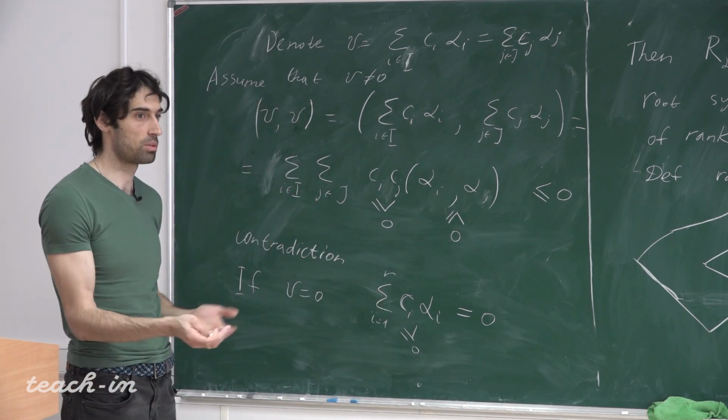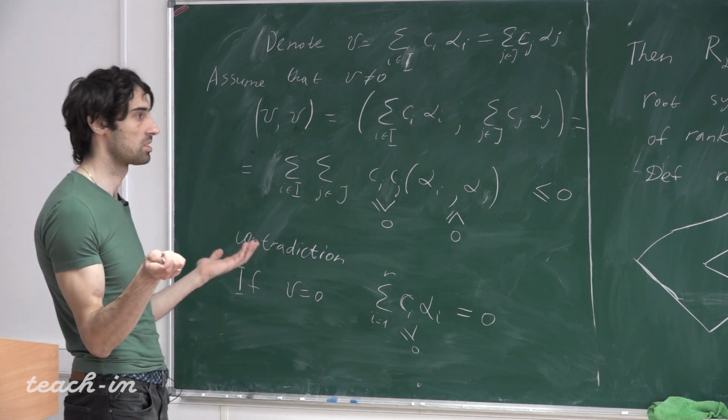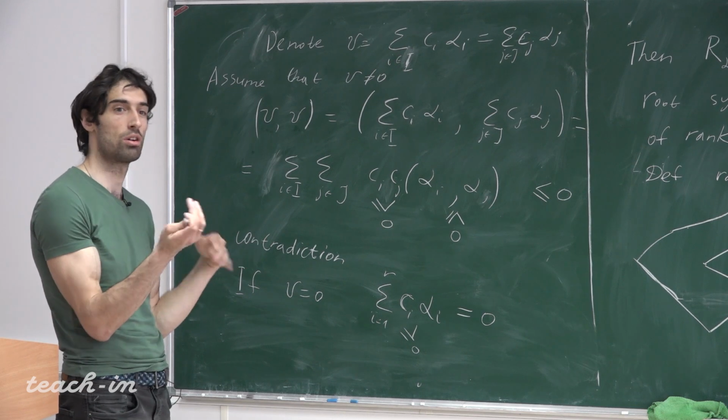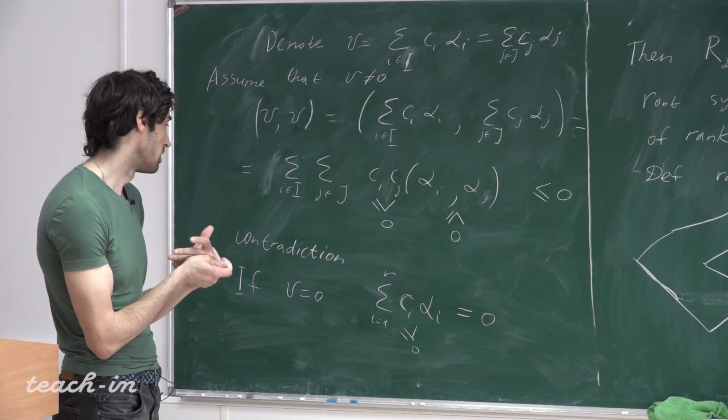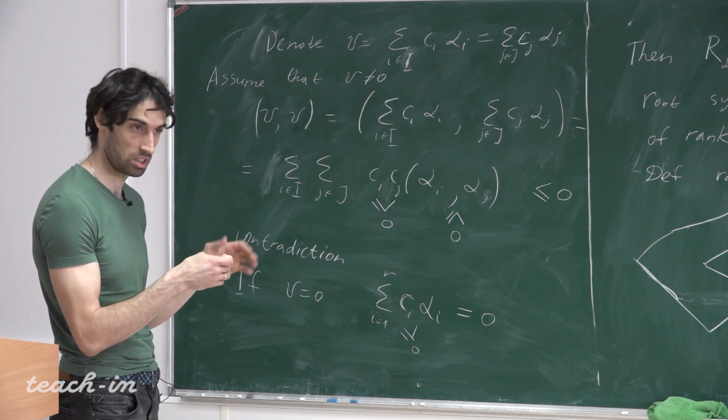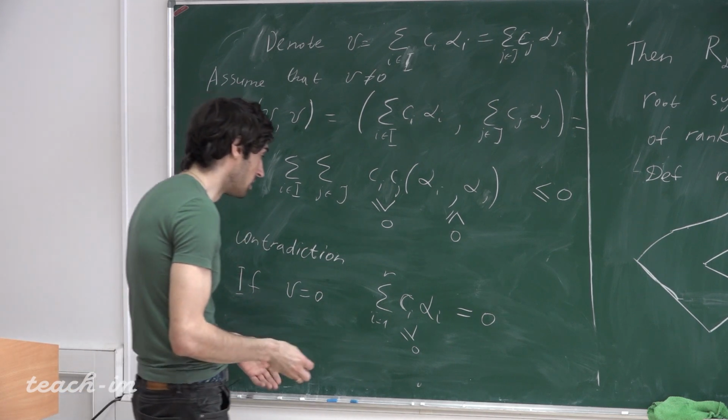Suppose it happens that all ci are positive. If they're all negative, the argument is similar.